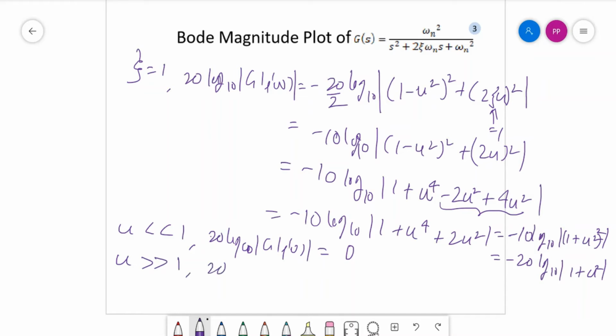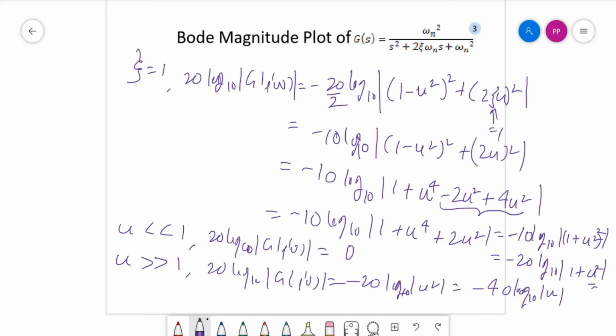In that case, 20 log base 10 mod G at j omega is equal to minus 20 log base 10. The second term will dominate, it becomes mod u square, so that is equal to minus 40 log base 10 mod u.